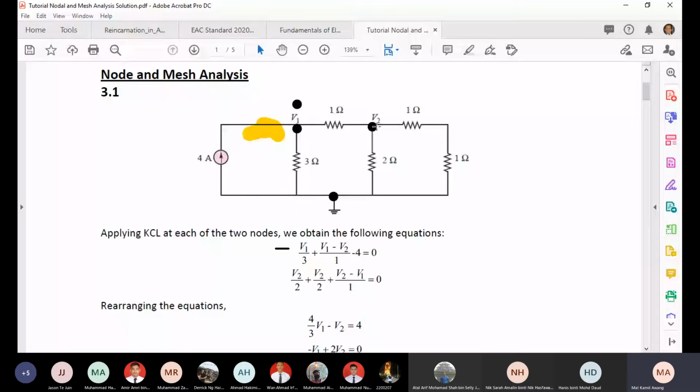So we can write V2 minus 0 over 2, plus V2 minus 0 over 2, because 1 plus 1 is in series, so V2 over 2. And this is going in, so minus V1 minus V2 over 1, so V2 minus V1 over 1. So this is another equation. You have these two equations for V1 and V2.